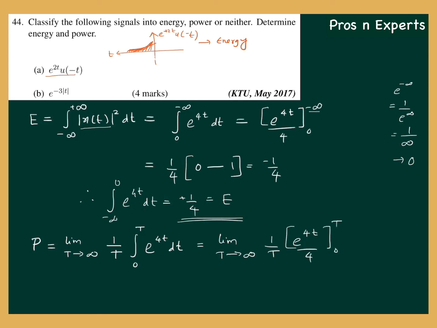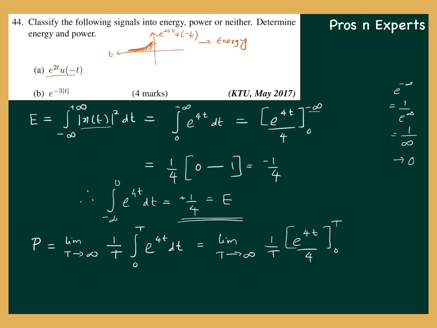I think we don't need to go further into this expression, because while we evaluate this integral by putting the limits, it will be e raised to 4 capital T minus 1 by 4. We cannot take capital T outside or something, so what you will encounter is limit T tends to infinity 1 by T. What is limit T tends to infinity 1 by T?